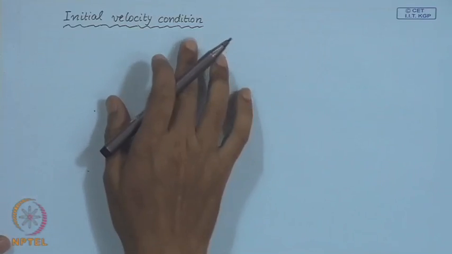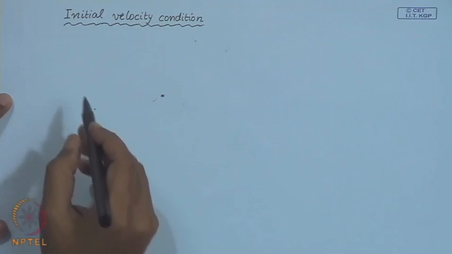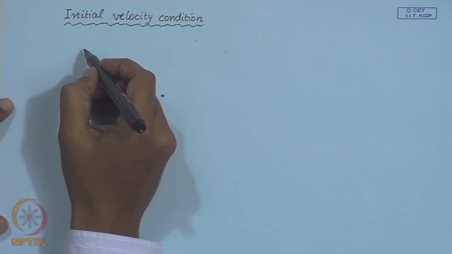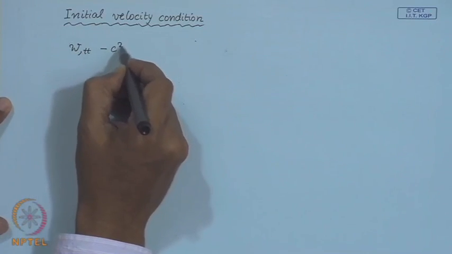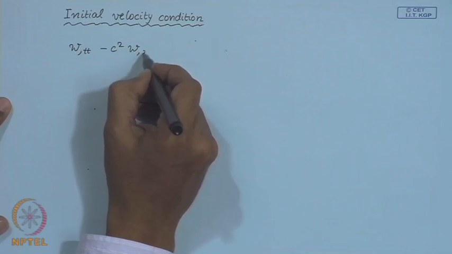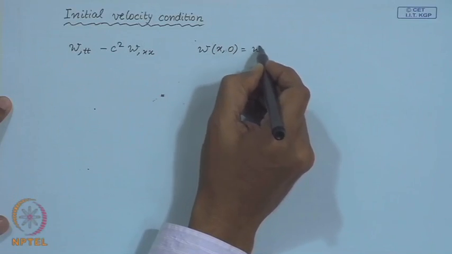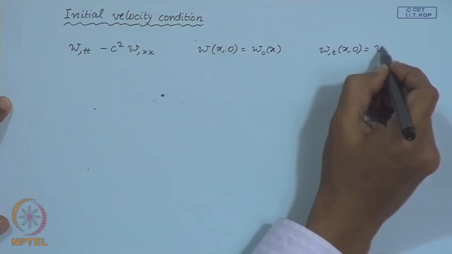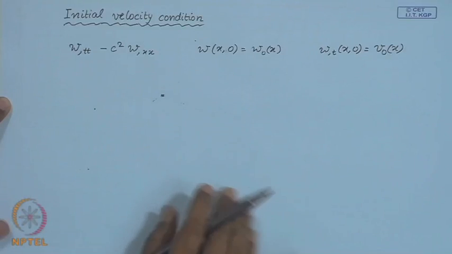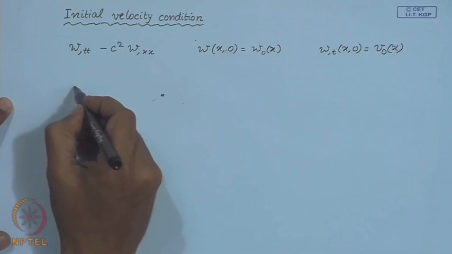Now, we have seen in one of the previous discussions that an initial value problem, let us say, an initial value problem of this form can be equivalently represented.